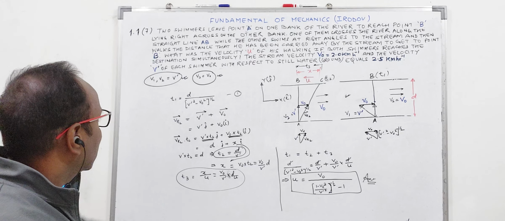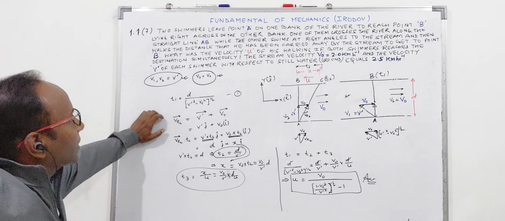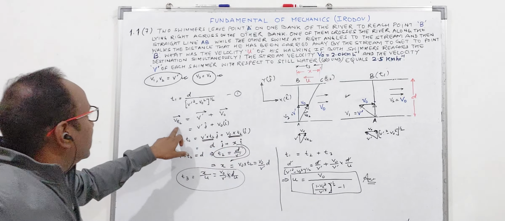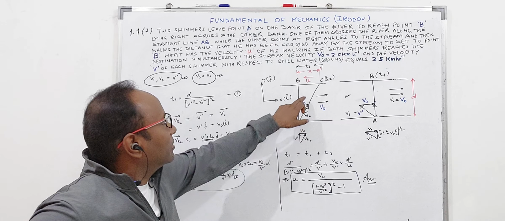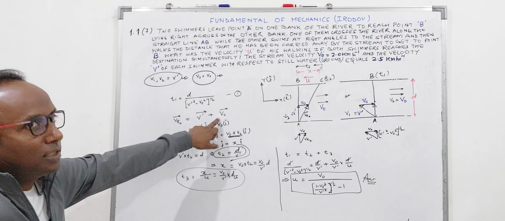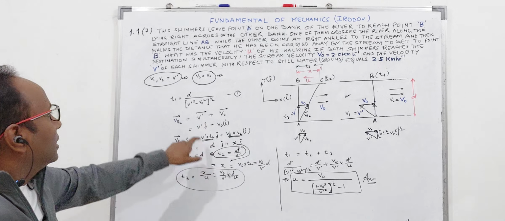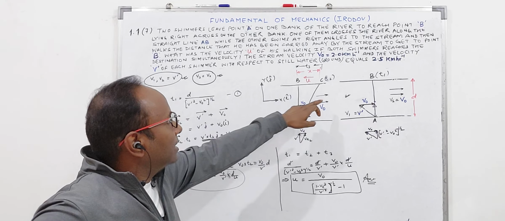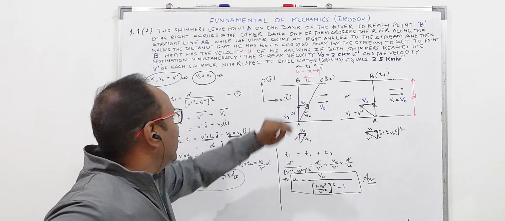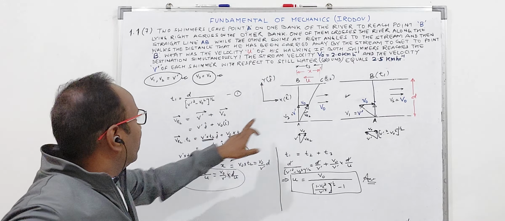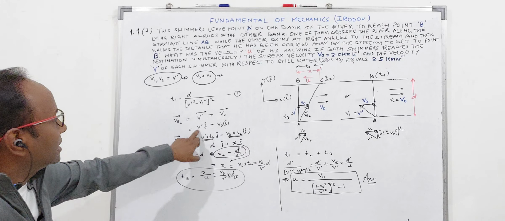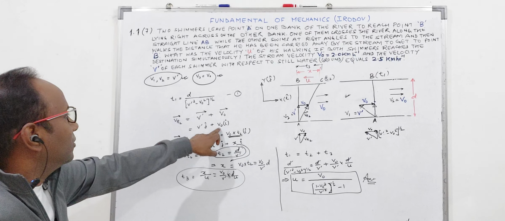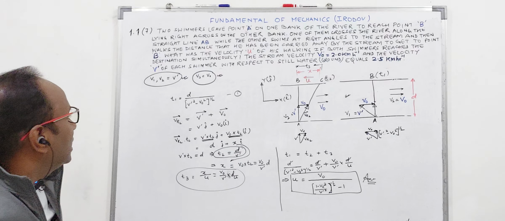Let me explain once again. For swimmer 2, the VR2 vector is the sum of the v dash vector plus the v naught vector. Since we have taken unit vector i in the x direction and j in the y direction, and v dash is in the y direction, we have written it as v dash into unit vector j, and the stream velocity in the form v naught into i.